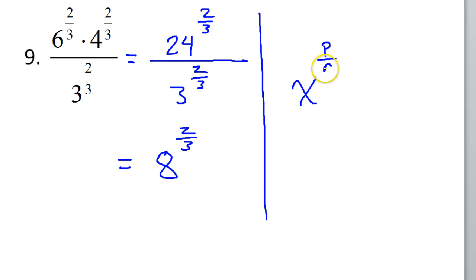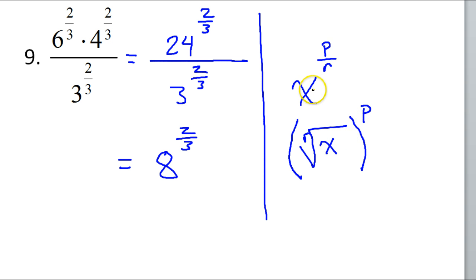So it's power over root. That's why I use p and r. So that means if r is the root, then I could write the r root of x, all right, because r is the root. Now if p is the power, that means I can write this with p as a power like that.